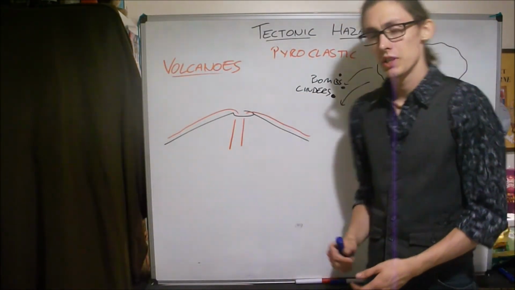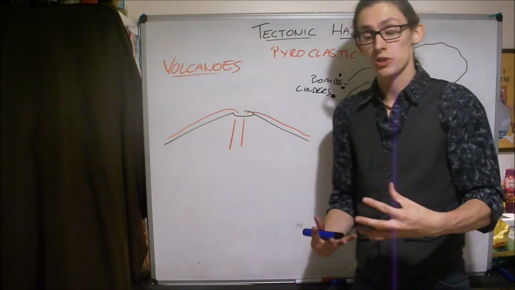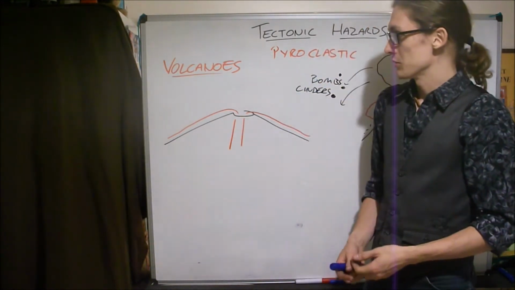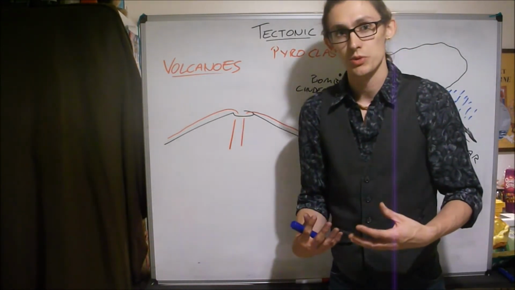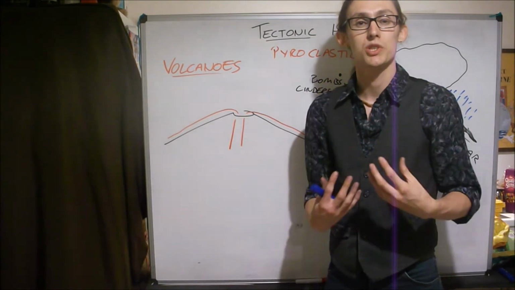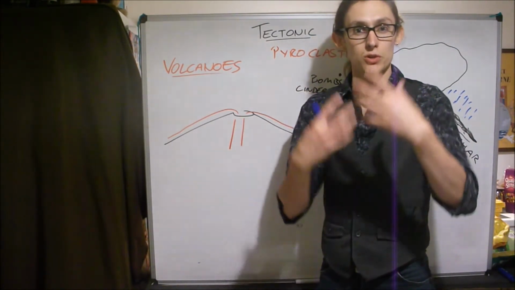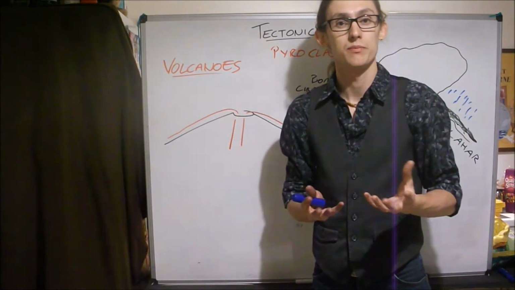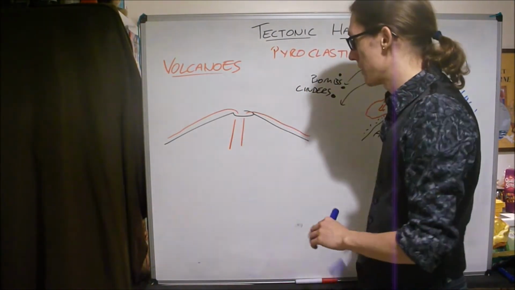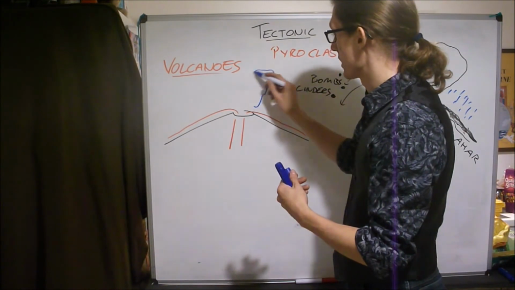Now, with regard to these divergent boundary volcanoes, the reason there was an ash cloud in Iceland was because the volcanic eruption mixed with the ice and created a sort of aerosol, a mixture of water and ash, which created basically a load of steam.